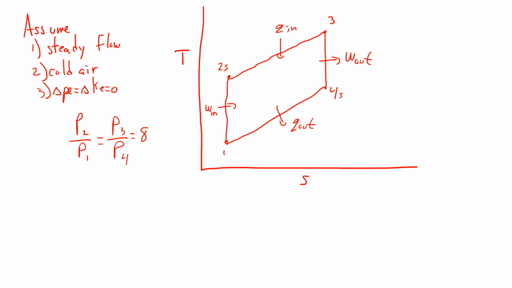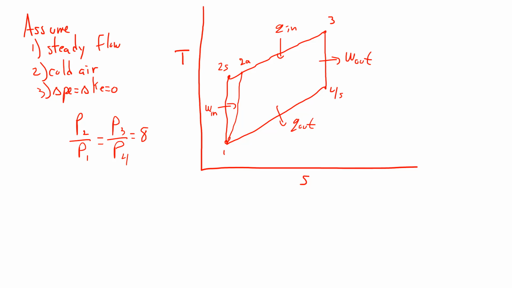Now this problem is telling us that there are isentropic efficiencies for both the compressor and the turbine. If you look at the compressor, you're going to have an actual outlet a little bit to the right of the isentropic outlet, since there's entropy production.